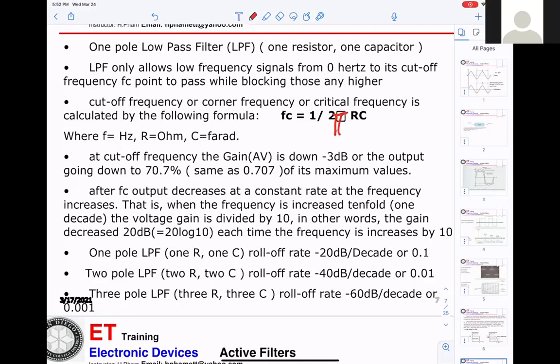In this formula, F has to be in hertz, R in ohms, and C in farads, with pi equal to 3.142.